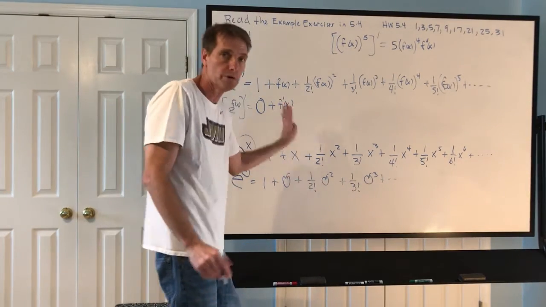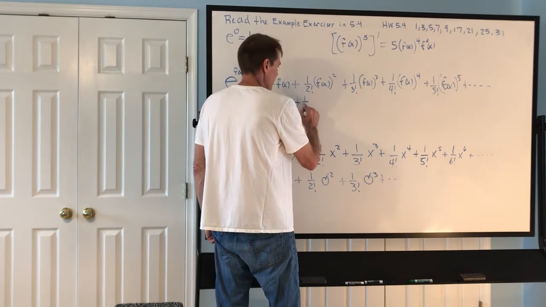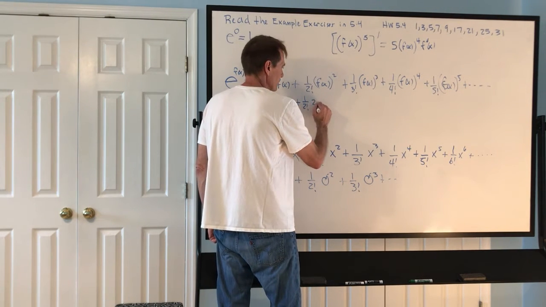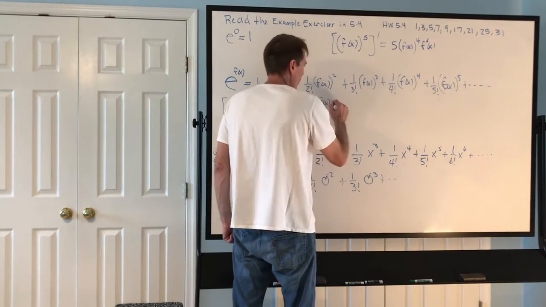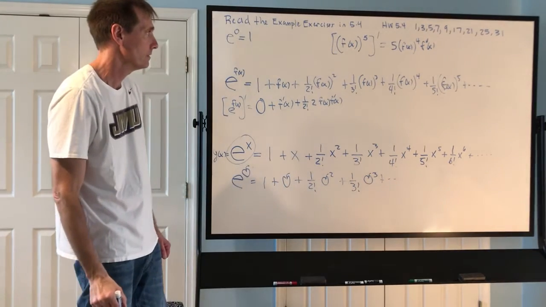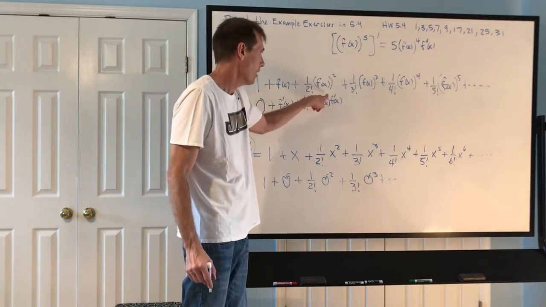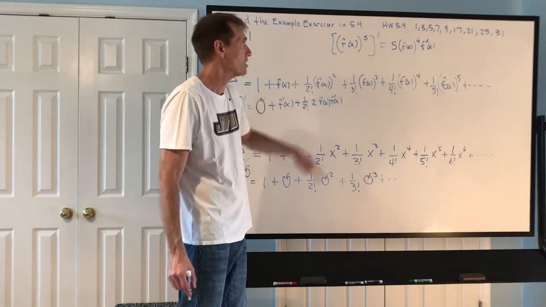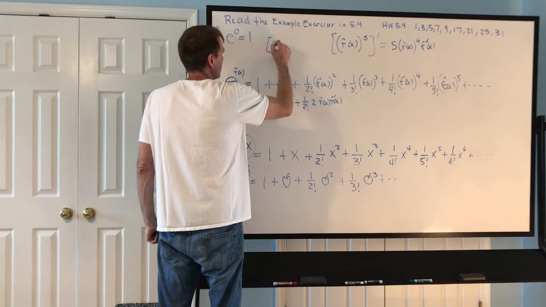Kind of like what we were doing down in here, when we take the derivative I get this 1 over 2 factorial, 2 times f of x. Now remember, it's a chain rule, so there's going to be an f prime of x coming off of that too. Bring down the 2, subtract 1, it's just the 1, and then we got our chain reaction part. We're really using this flashcard.